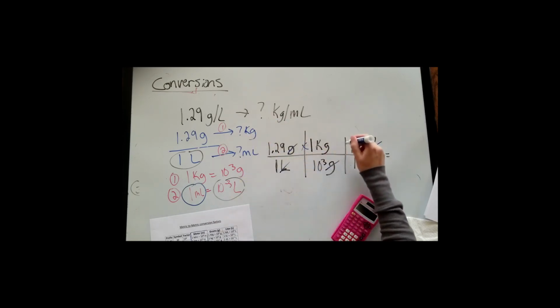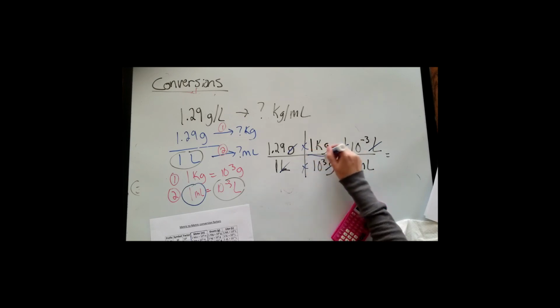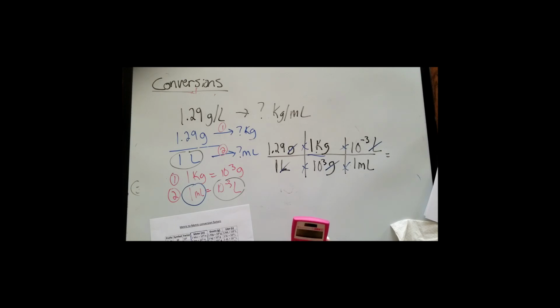So now multiply across and then divide those two lines. 1.29 times 10 to the negative third divided by 1 times 10 to the third.